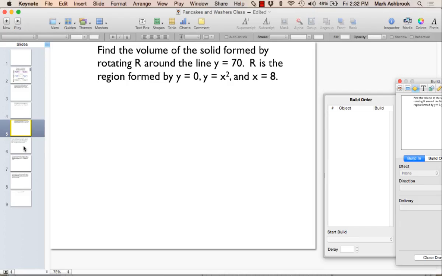So we're just trying to visualize this and get our best sketch that we can right now, okay? Just trying to visualize it and get the best sketch that you can.